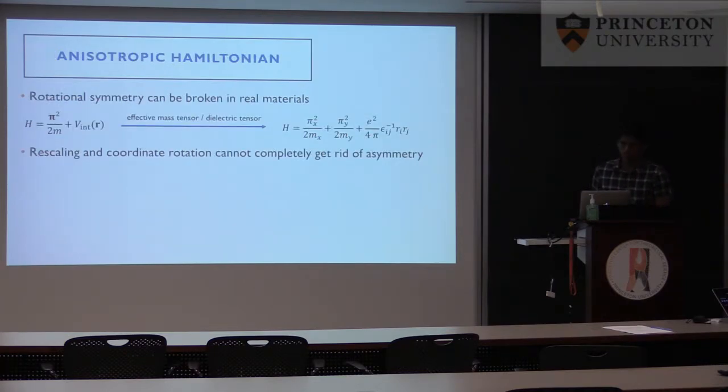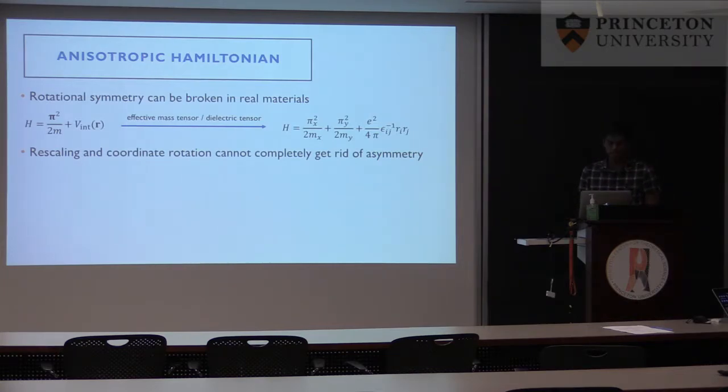All right. So as it stands in its simplest formulation, this problem is rotationally symmetric, which makes it easy for theorists. So we often take it for granted. This is the Hamiltonian. But in real materials, such as for instance gallium arsenide or silicon, the electron might see the effects of an anisotropic effective mass, in which case the kinetic energy splits into two terms, depending on m_x and m_y.